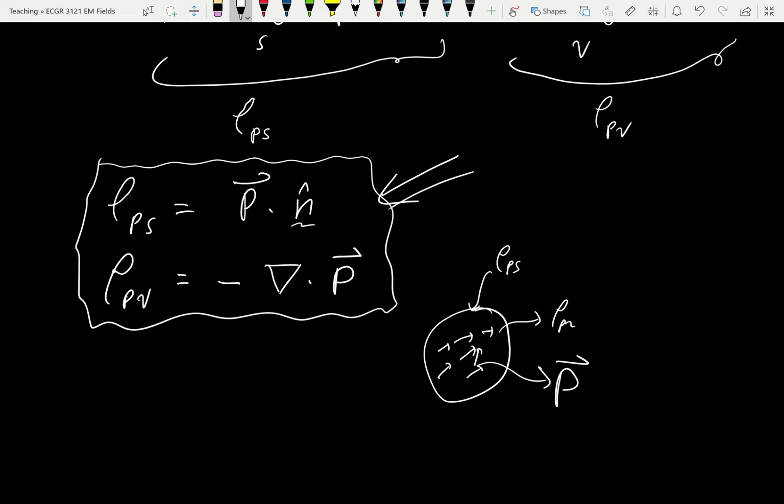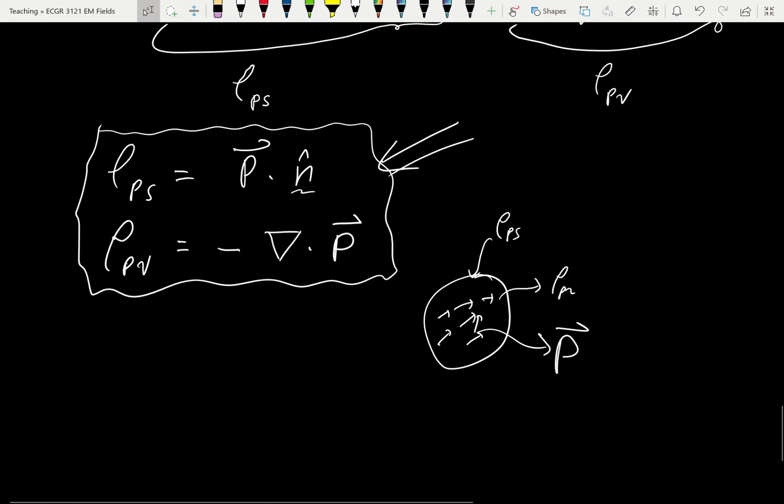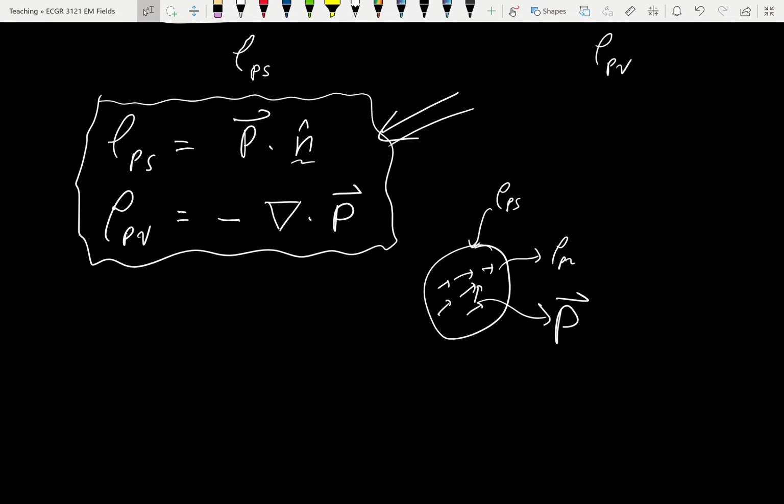Okay. Now we have the link that allows us to go back to the first axiom and see how the polarization affects the electric field. In the first axiom, when I say rho here, I mean any charge, whether it's free or bound, total charge essentially.